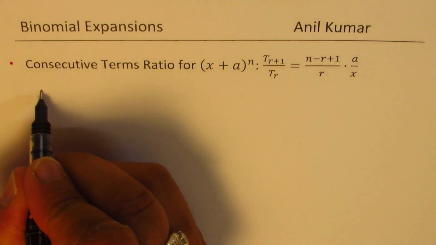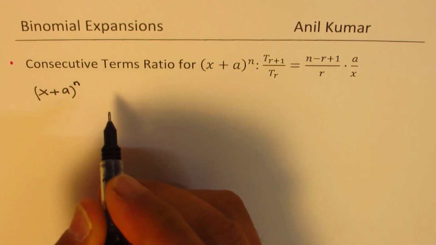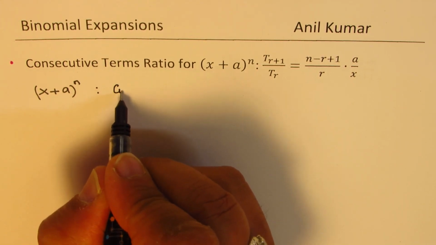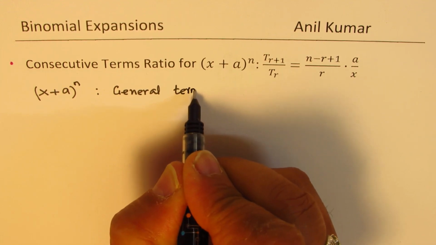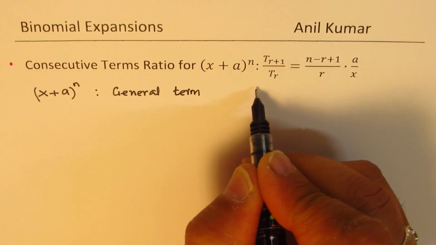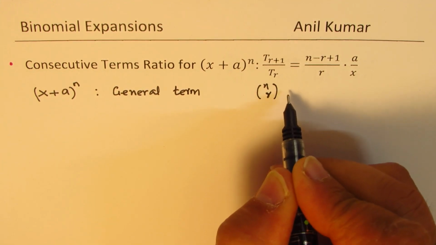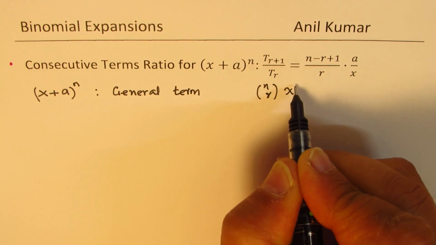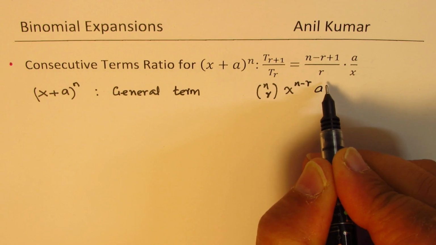Now, if I have (x plus a) to the power of n, then the general term is what? General term is basically nCr x to the power of n minus r times a to the power of r.